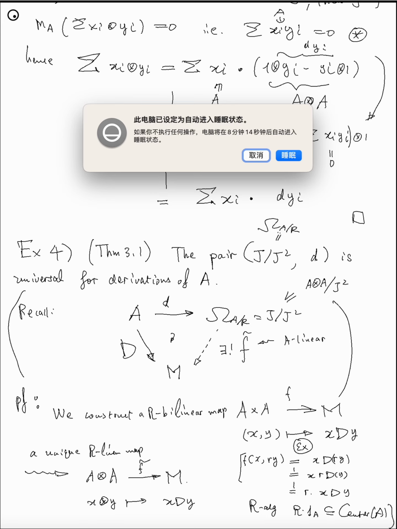What we have done is that we have constructed one, right?